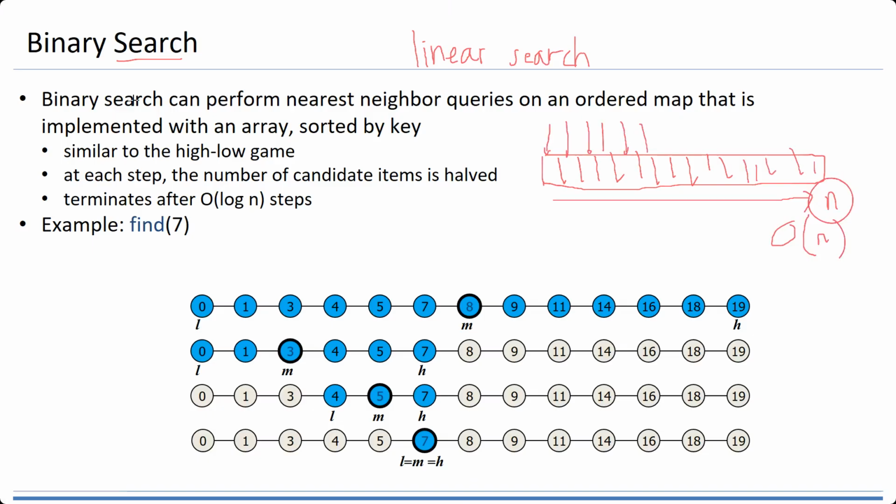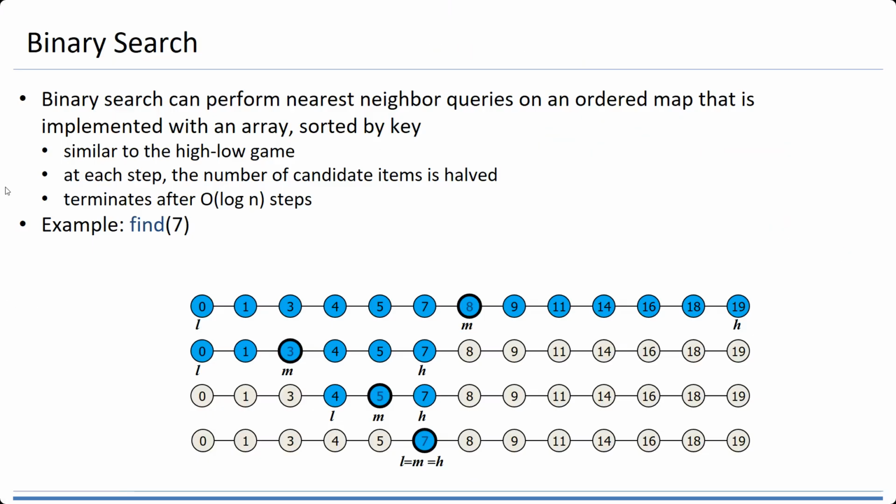But in binary search, as you may know, we can reduce the number of searches. And we can use binary search for the nearest neighbor queries of an order map.